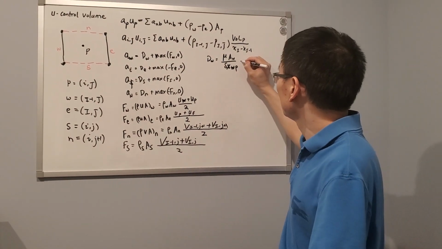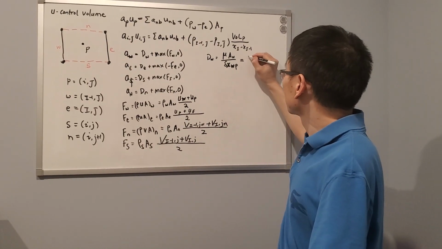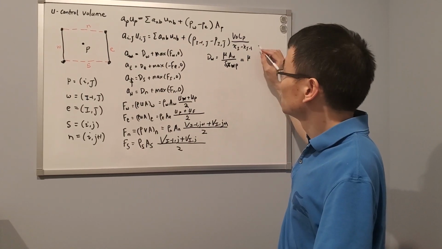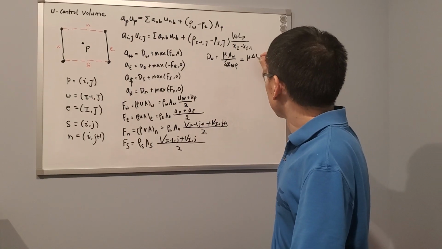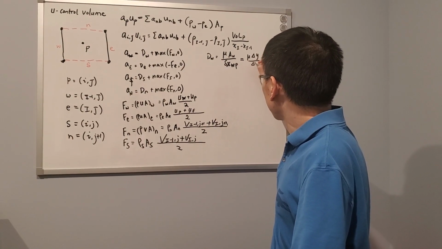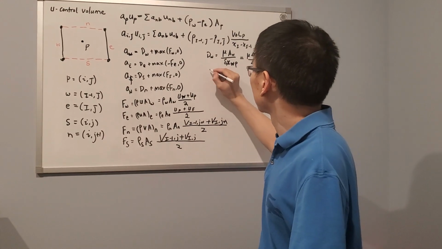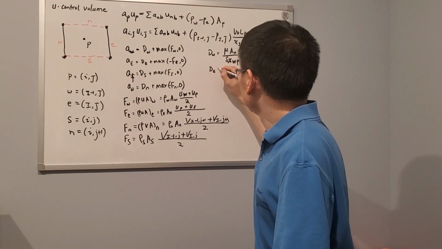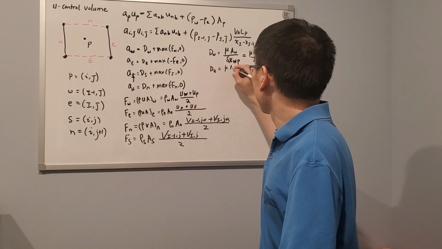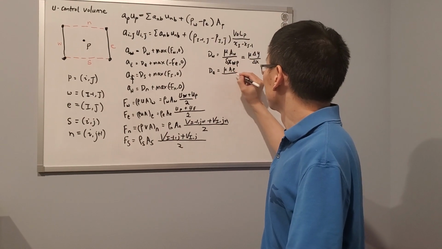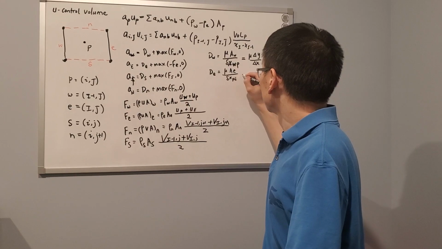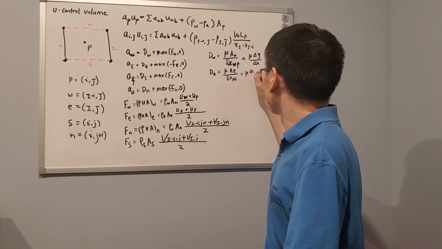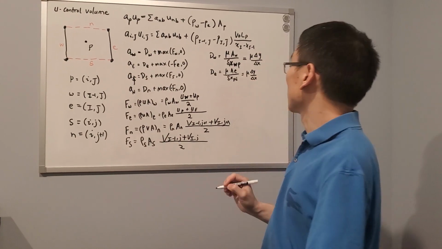Okay, if we use the uniform mesh, that will give us mu delta y over delta x. Similarly, dE will be mu AE divided by delta x PE, that is mu delta y over delta x again.